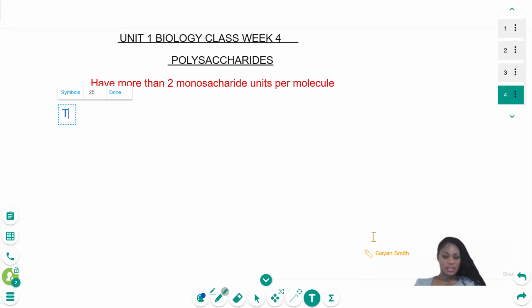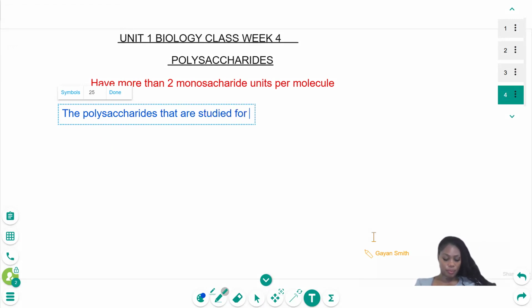So the polysaccharides that are studied for CAPE, you have to learn about starch, then you must learn about glycogen, and you must learn about cellulose.